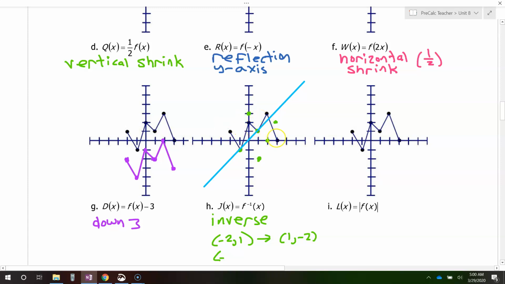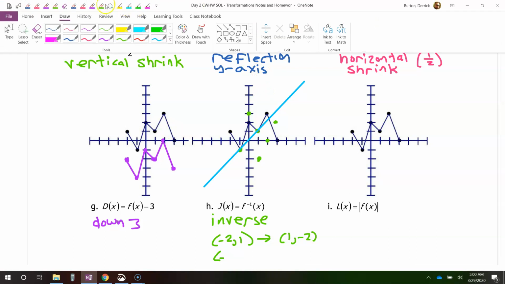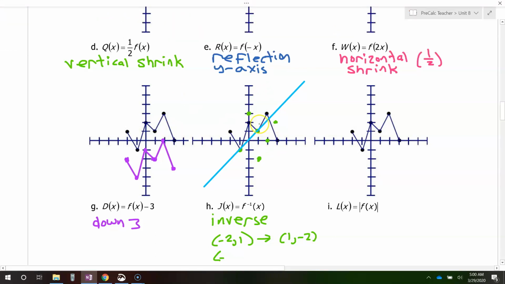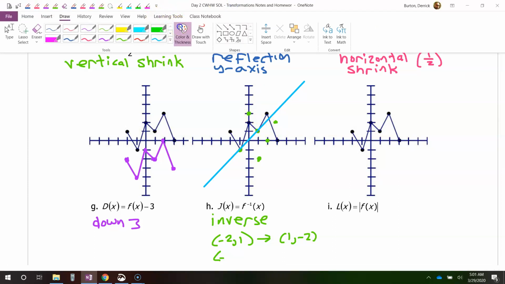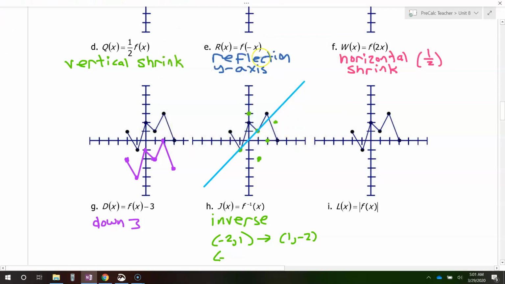Basically, this graph has turned sideways. As I'm connecting the dots, they were connected in this up and down pattern. Now they're going to be going side to side. It's going to be like this. And I think I'm going to try to use the drawing tool.